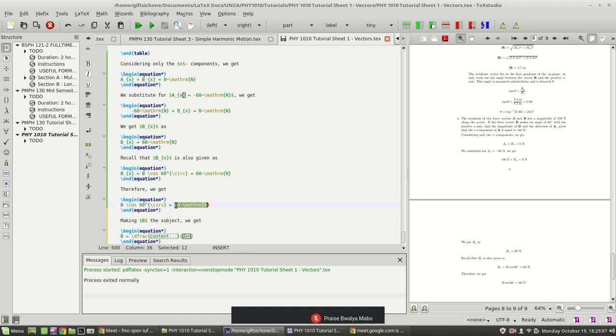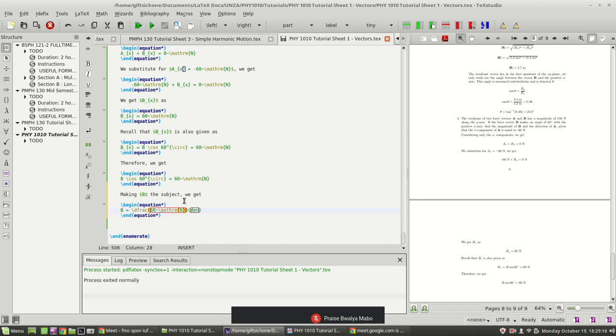How do you make B the subject before you get the number? 60 newtons divided by cos 60, like that.